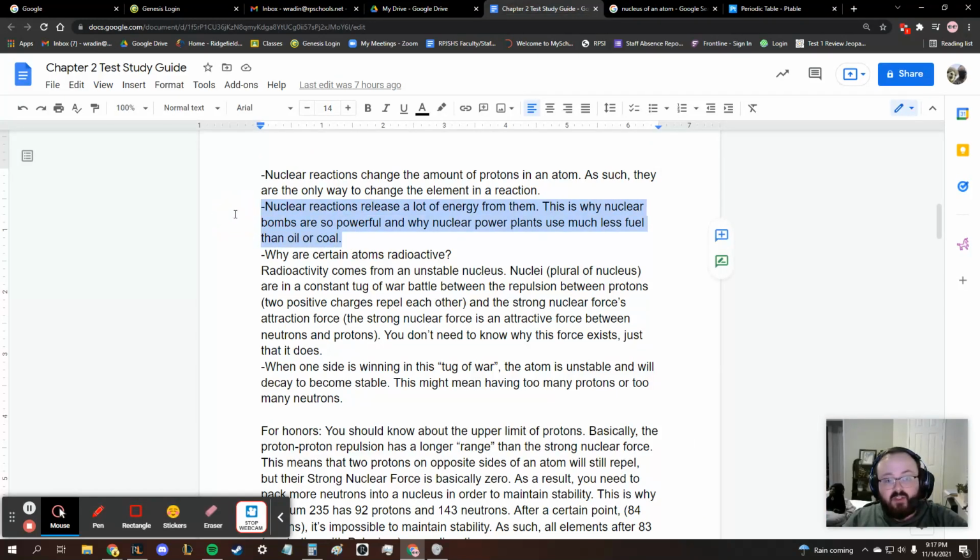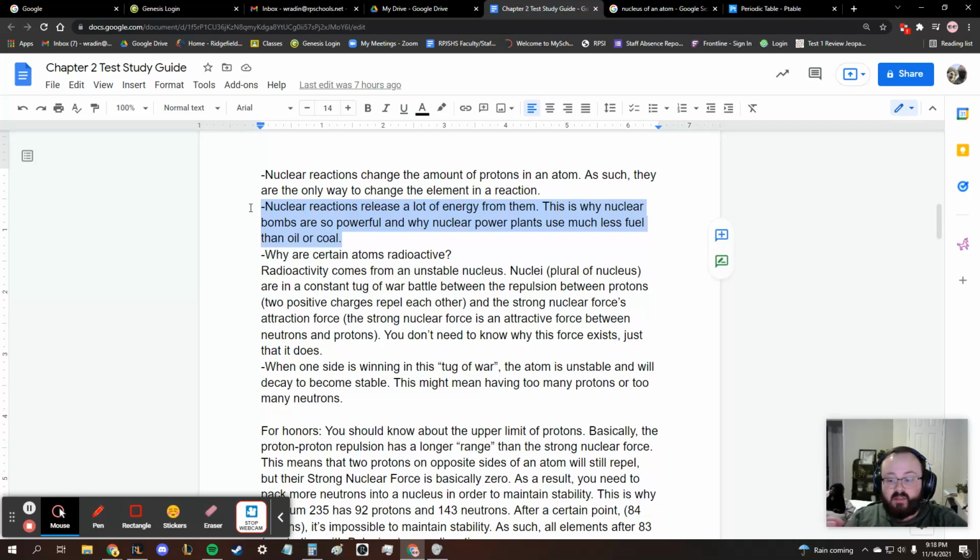Second, nuclear reactions release a ton of energy. The amount of energy inside the nucleus that's smushing those protons and neutrons together is magnitudes more than the electrons and the chemical bonds that we're going to be seeing in future chapters. Just know this is why the amount of fuel for a nuclear reactor is about this much for barrels and barrels of energy-rich oil.